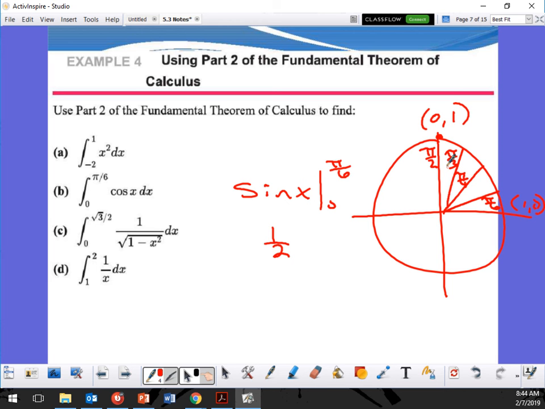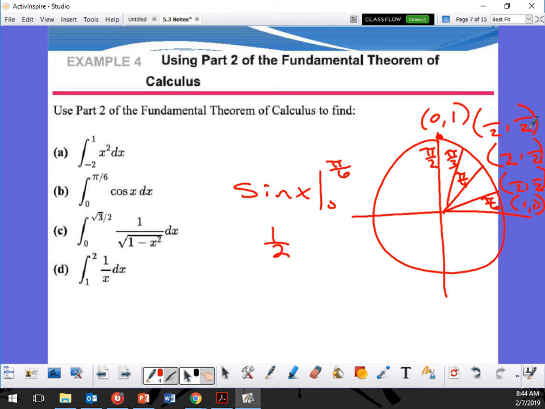Okay, so I'm going to show you the neat trick to go along with this. Everything is going to be over 2. Let's start from 0, with the y values.